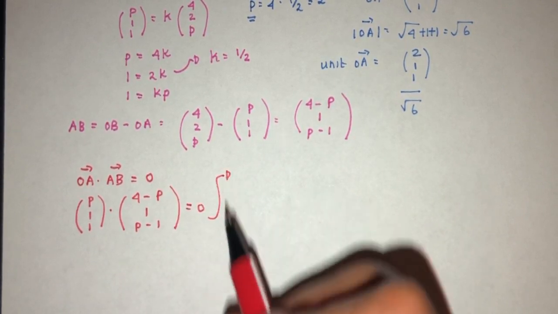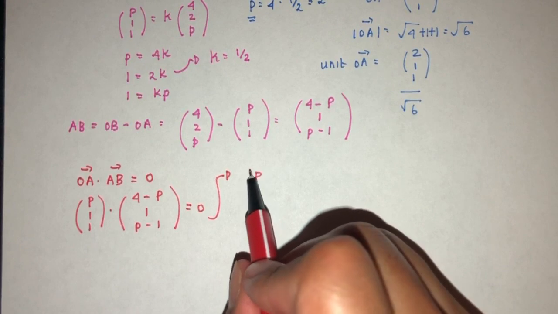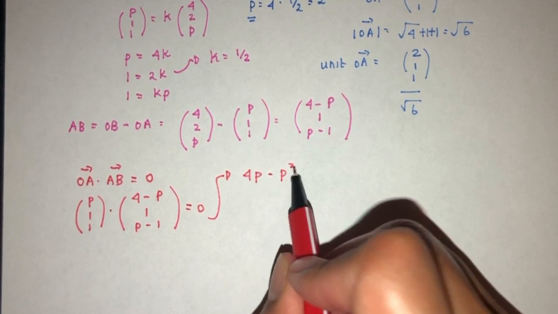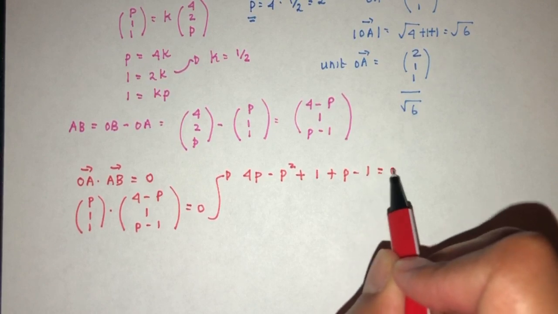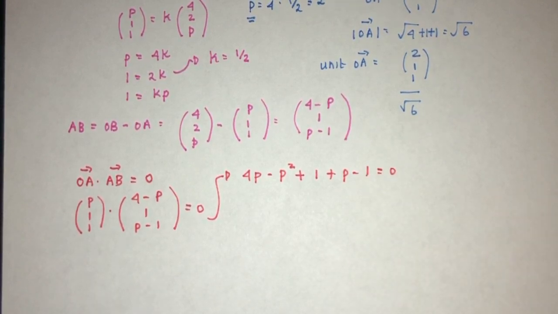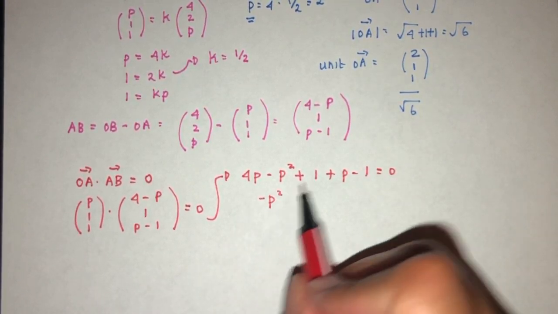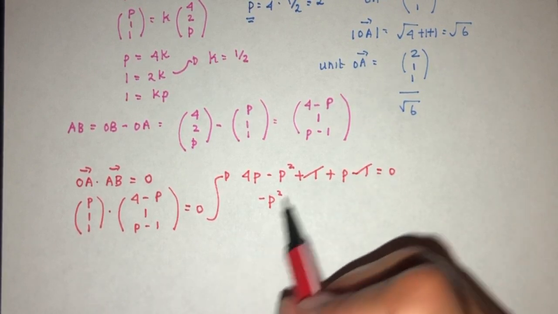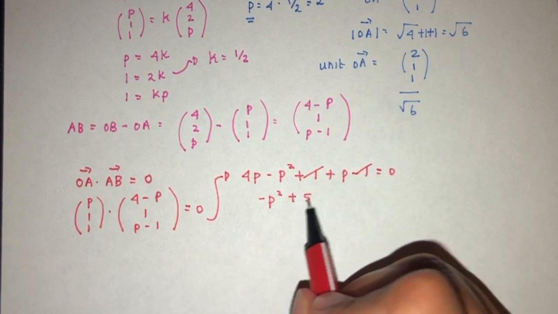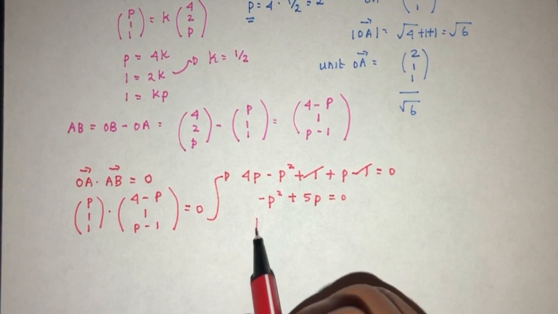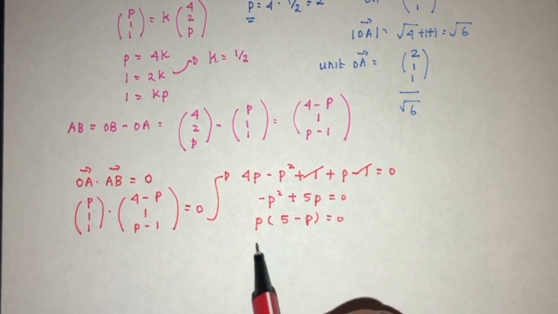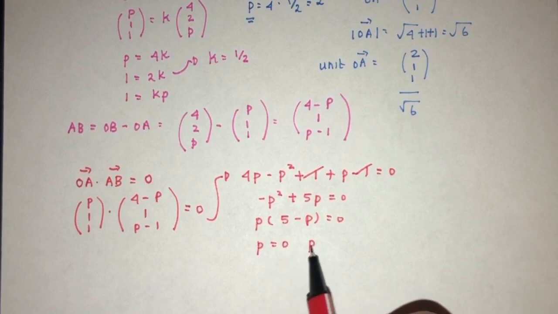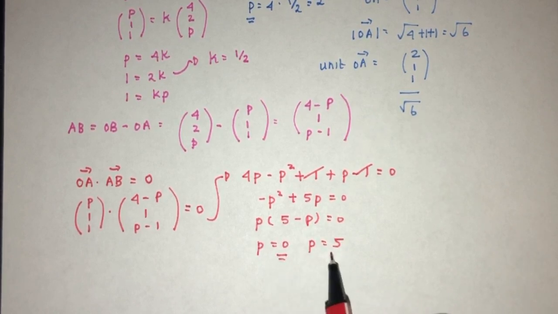From here we can simplify: 4p minus p squared plus 1 plus p minus 1 is 0. That gives minus p squared plus 5p is 0. We can factorize p outside: p(5 minus p) is 0. So p will be 0 or p could be 5. These are the two values of p.